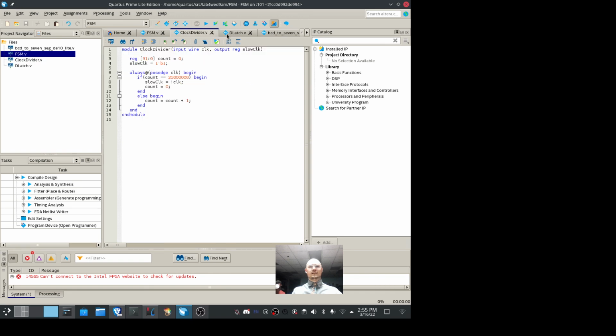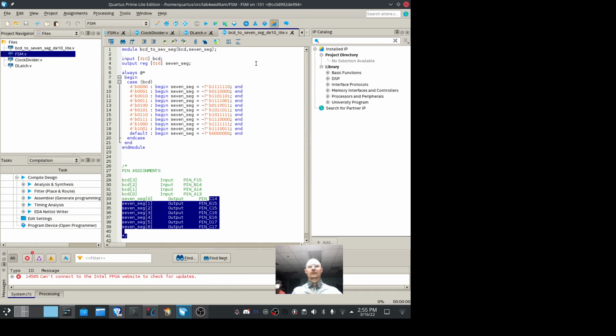FSM, we have a clock divider, we have a D latch, and then finally we have our BCD to 7seg module. This can be downloaded from the assignment page, and all its job is to take a number from 0 to 16, a 4-bit number, and output it onto your 7-segment display.